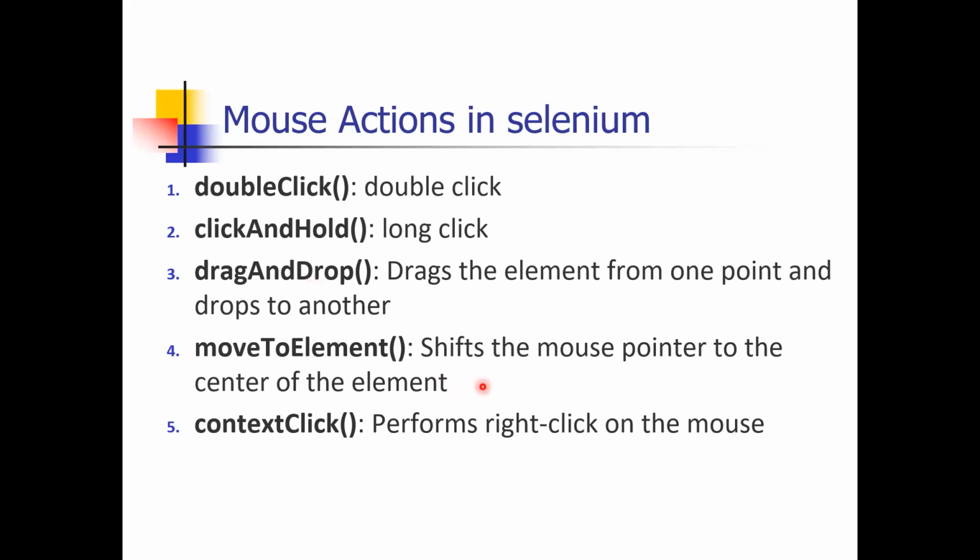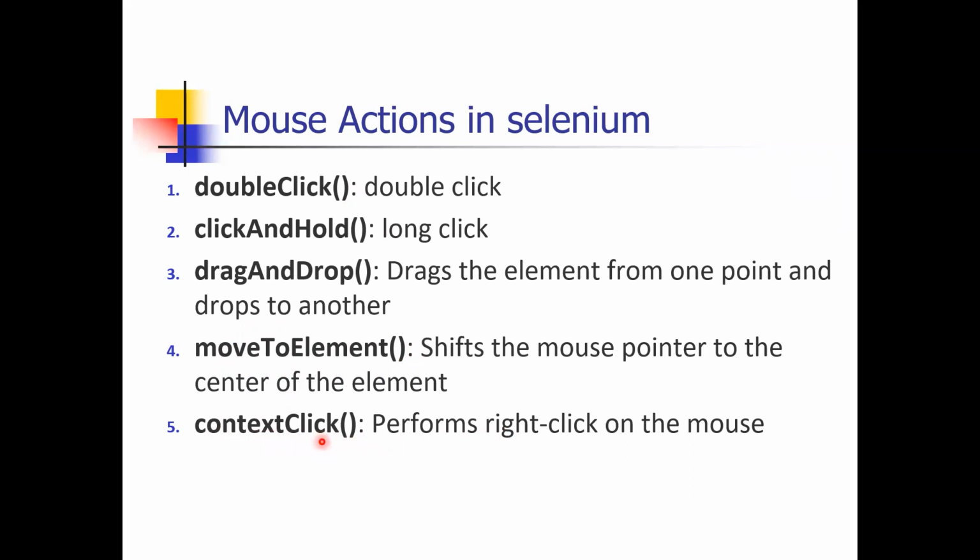Now, if you want to shift the mouse pointer to the center of an element, meaning you want your mouse at a particular position or location, then you have to move the mouse. That is done by move to element. Then, if you want to perform a right click on the mouse, there is context click.